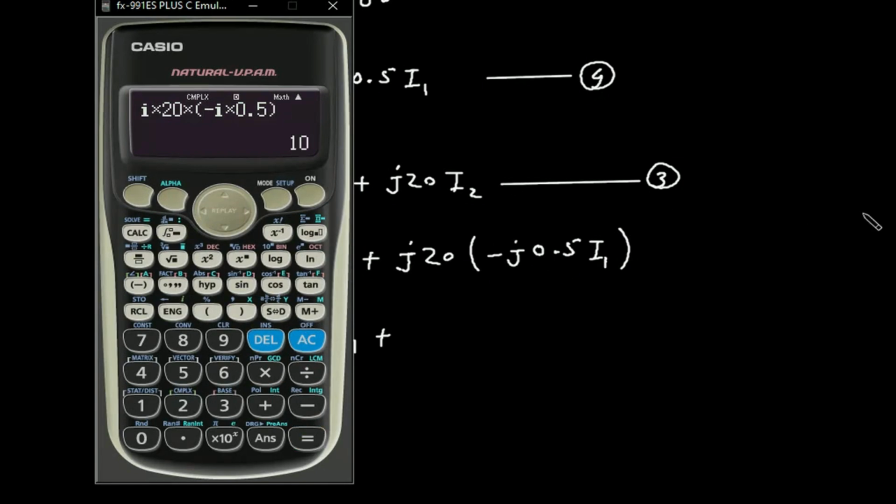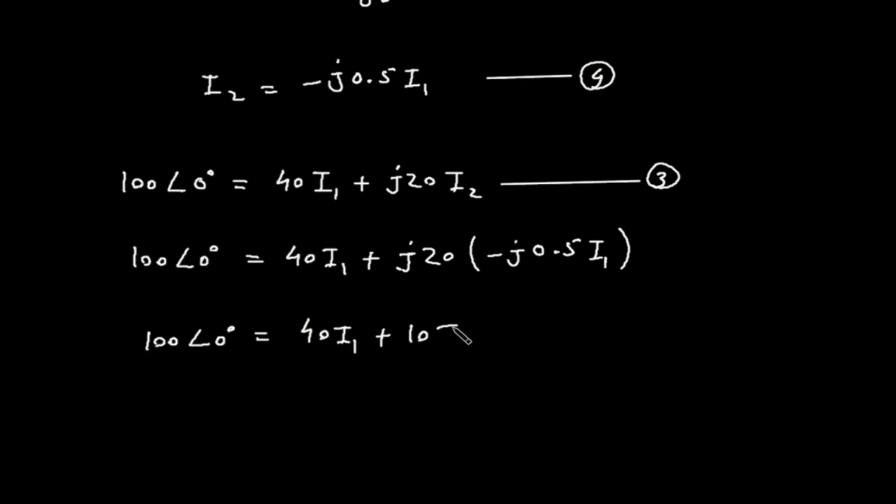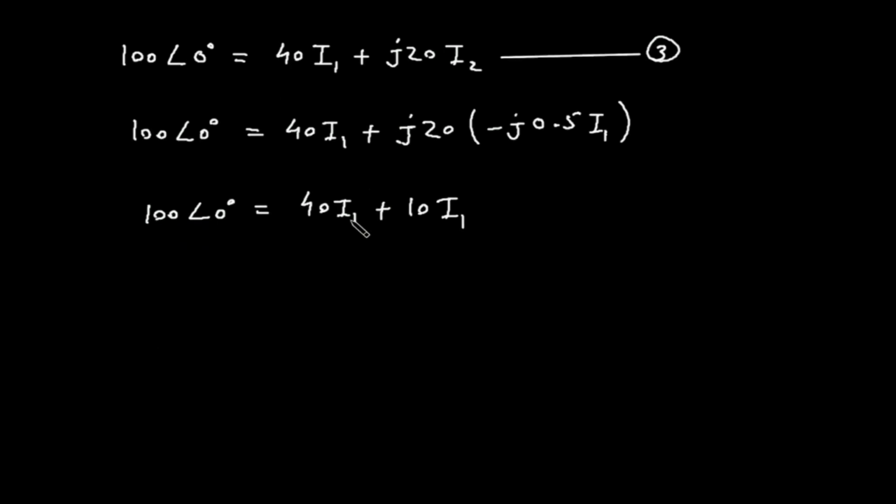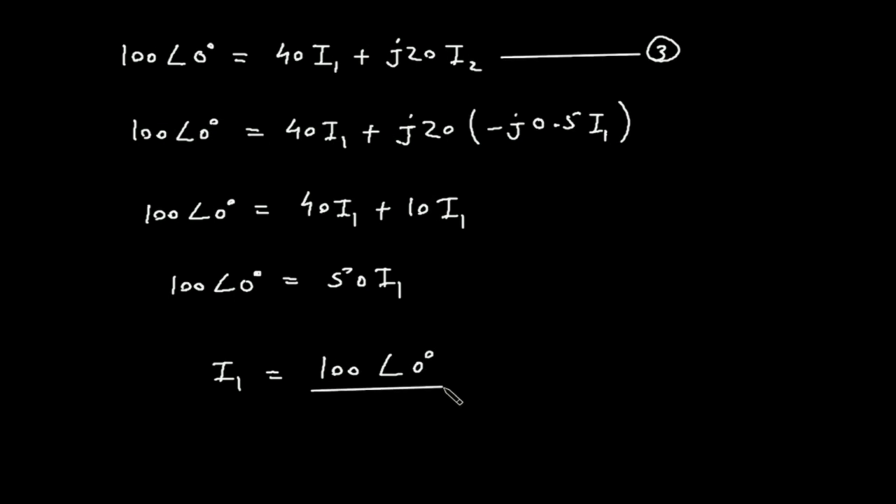So, this will be 10. So, 10 I1. And now this will be 100 at an angle of 0 degree is equal to 40 plus 10, 50 I1. So therefore, I1 is equal to 100 at an angle of 0 degree divided by 50.